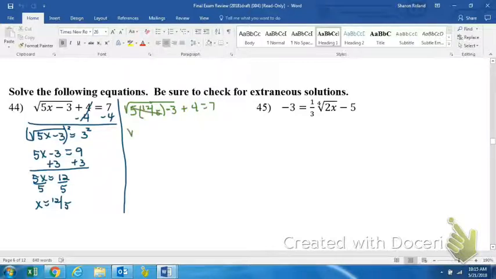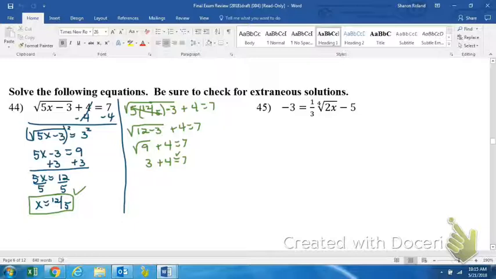These will reduce, and so it's the square root of 12 minus 3 plus 4 is 7. The square root of 12 minus 3 is the square root of 9, plus 4 is 7. 3 plus 4 is 7, which is true, which tells us that this answer is true.